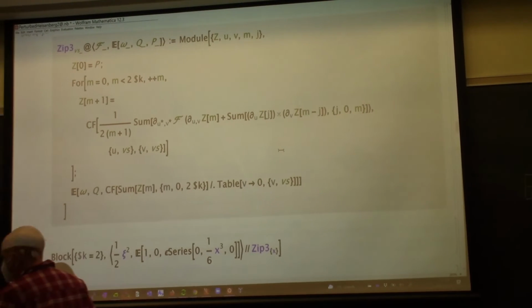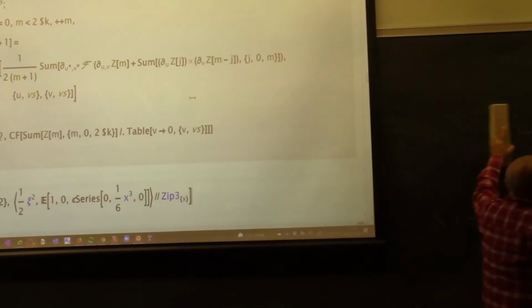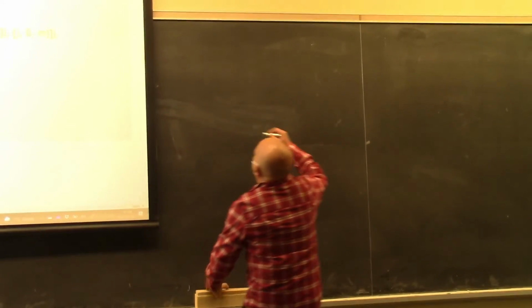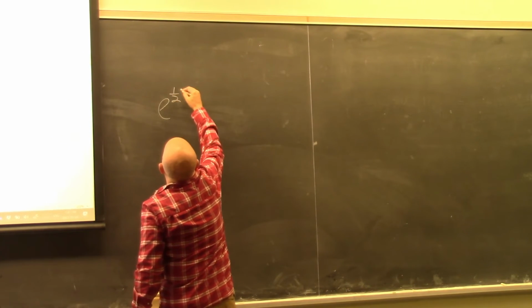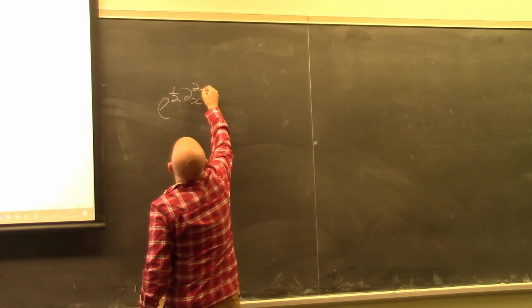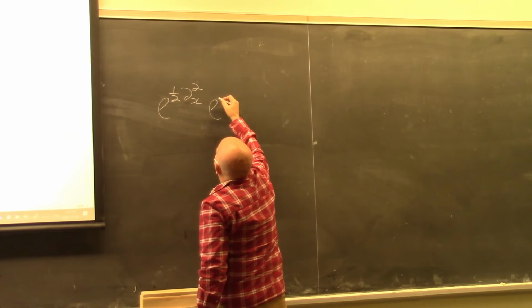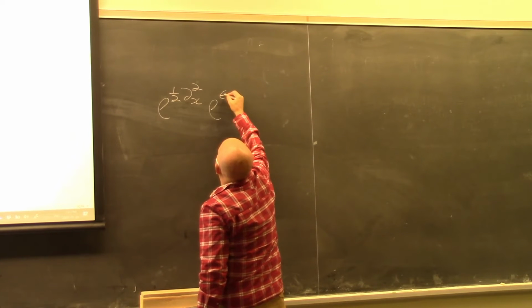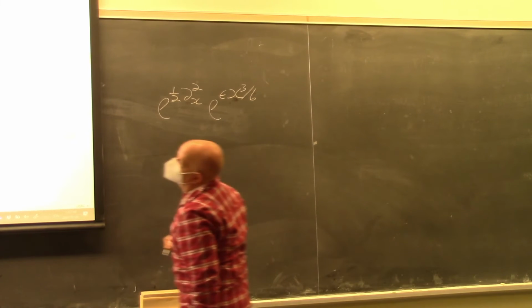Sorry about that. I am trying to compute e to the 1/2 dx squared applied to e to the... Again, the coefficient is 1, the omega is 1, q is 0, so I only have the perturbation series, so it's epsilon x cubed divided by 6.